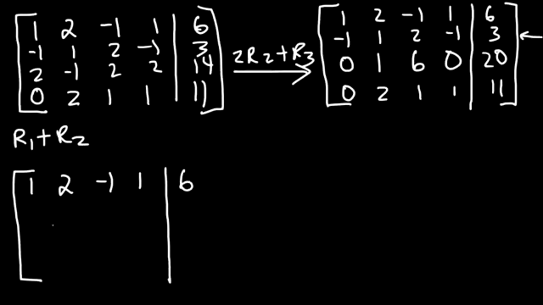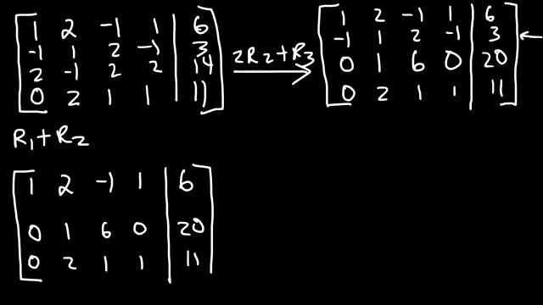The third row is going to be the same, and the fourth row will be the same as well. So all we need to do is add row 1 and 2. So 1 plus negative 1 is 0. 2 plus 1 is 3. And then negative 1 plus 2, that's 1. 1 plus negative 1 is 0. And then we have 6 plus 3, which is 9.